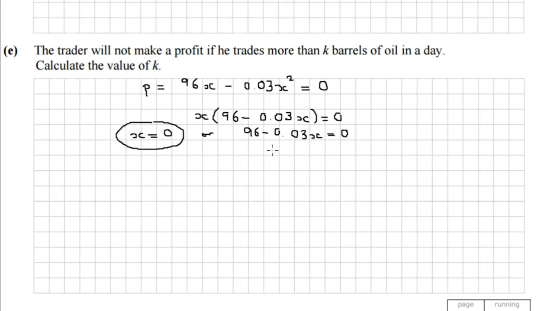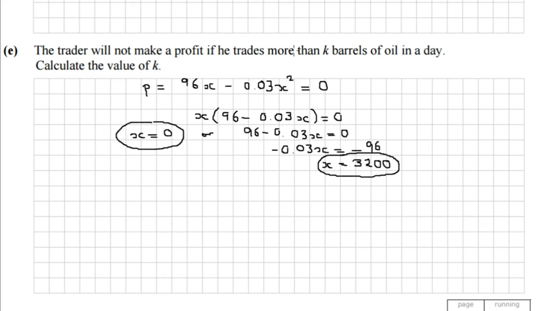So there's one value of x. The other value of x here is going to be minus 0.03x is equal to minus 96. Again, you can cancel the minuses if you want, but you're going to be dividing 96 by 0.03. And that's going to give you 3,200. Now, it says here, the trader will not make a profit if he trades more than K barrels a day.